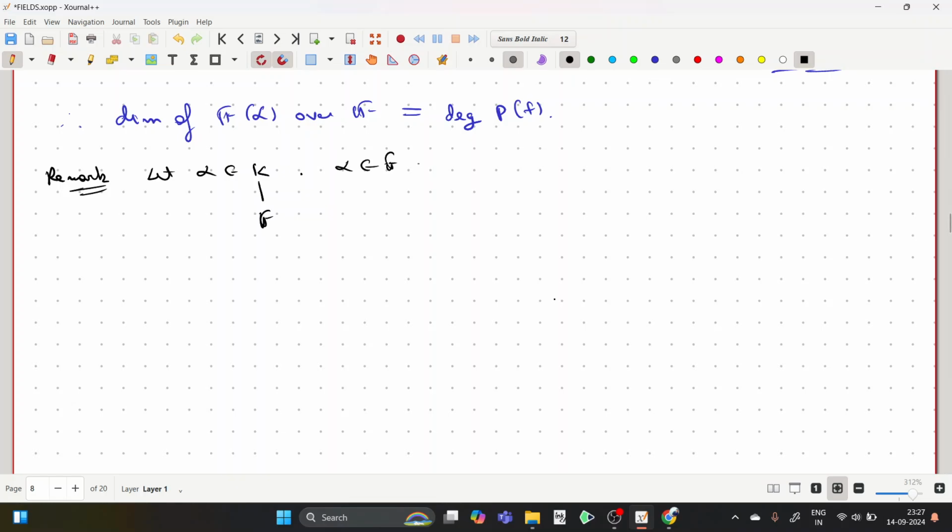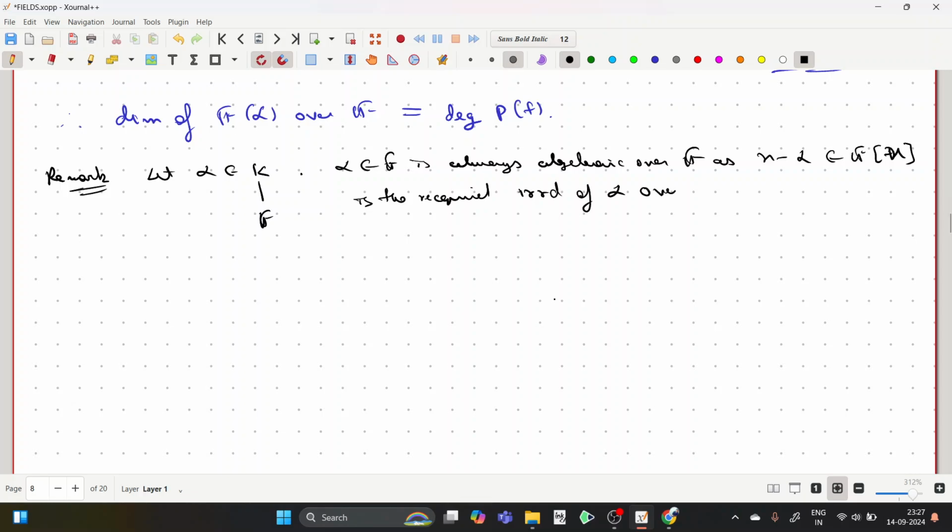Then alpha belonging to F is always algebraic over F, as the polynomial x minus alpha belonging to F[x] is the required irreducible of alpha over F. Now I guess in some places I have denoted the polynomial ring to be F[t], and then I chose the polynomial out of it in terms of x, but that's just a habit of expressing polynomials in terms of x, though conceptually it was all correct.